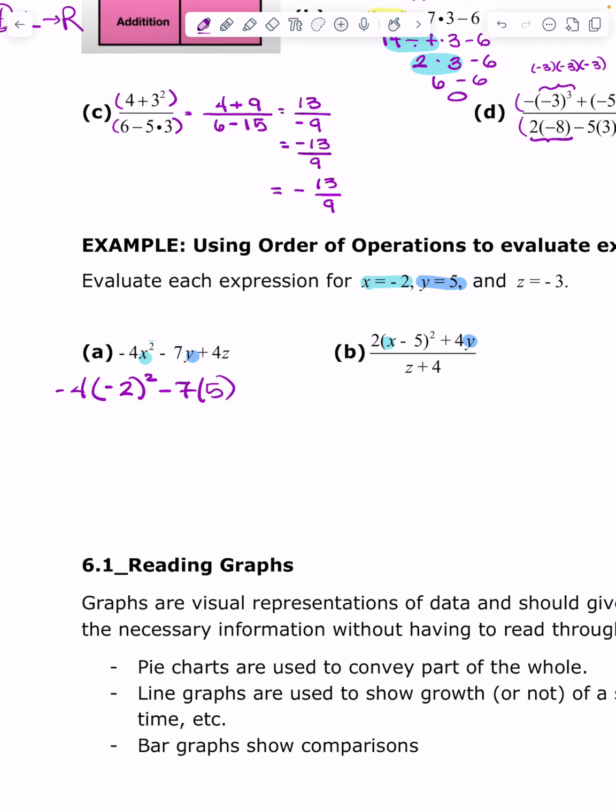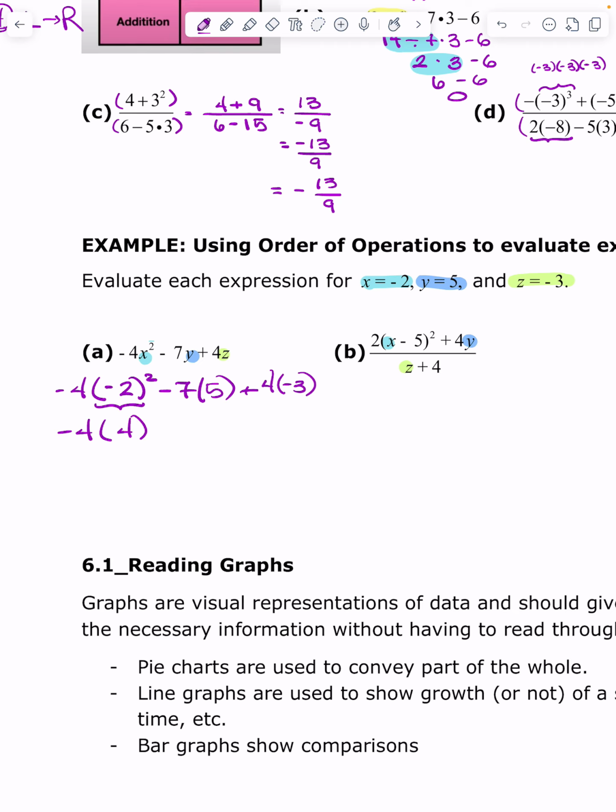Notice I'm wrapping this in parentheses. 7y means 7 times y. Can't just tack it on to the end. And our z is -3. So right there, I got 4 times -3. Now, even though I've wrapped these numbers in parentheses, there's really nothing to do in the parentheses, so I'm going to go to exponents next.